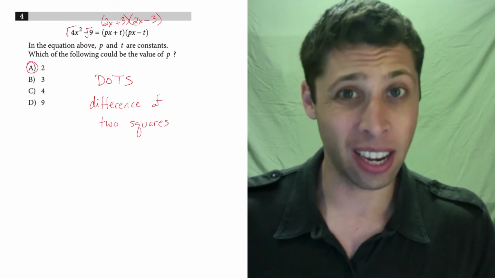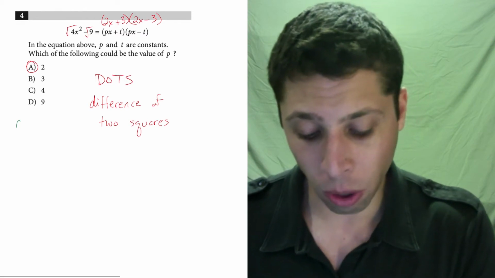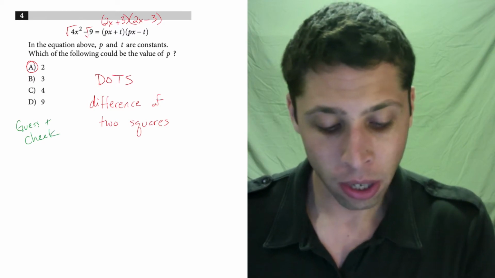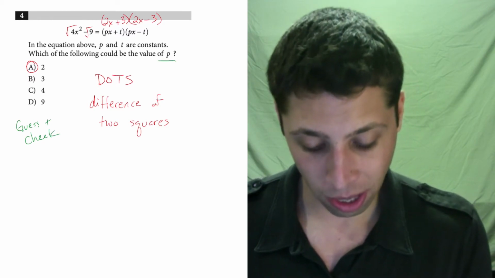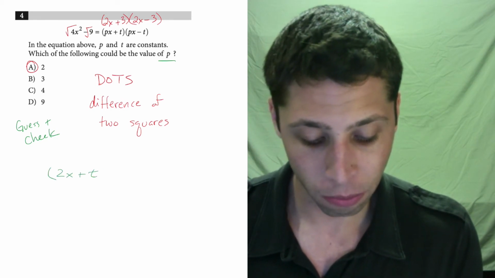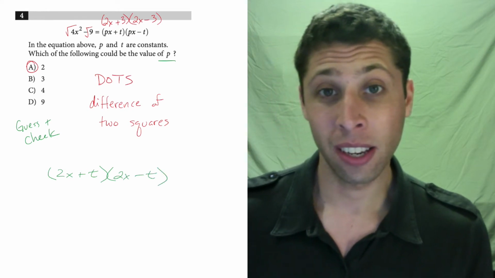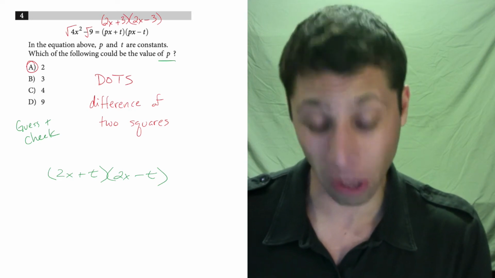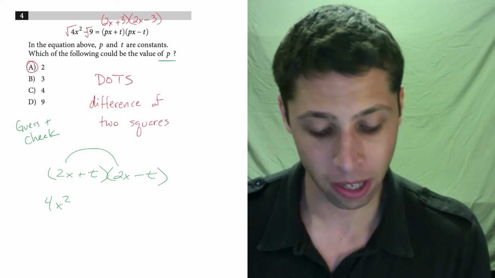If this is kind of new to you, there are still things you can do. You could always do this weird guess and check to try to figure it out. We know that these answer choices represent P, so we could just say, all right, why don't we put some values in for it and see what happens? We could put choice A in, and then we hopefully know we need to FOIL here, so the first two terms would be 4x squared.